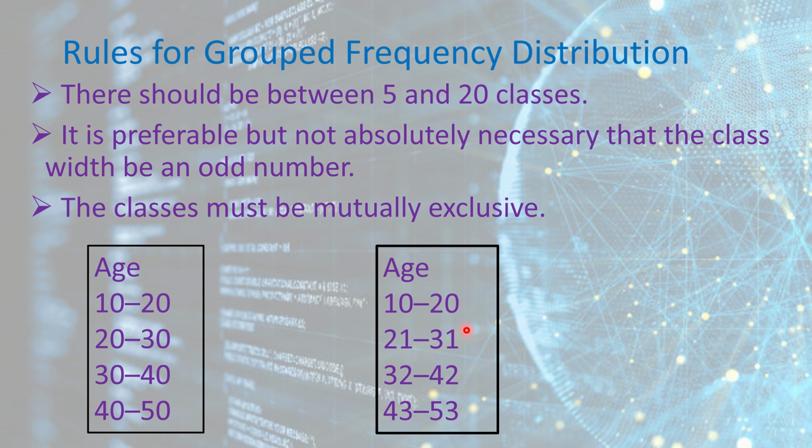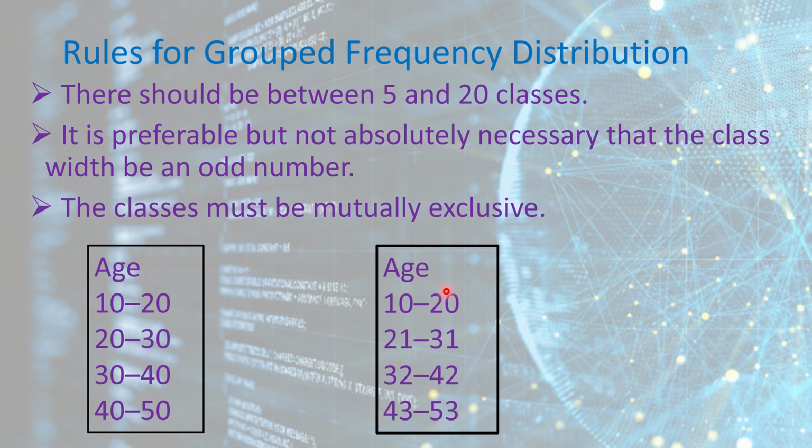Whereas in case of boundaries, if you are given class boundaries, the class width will be found as upper boundary minus lower boundary. There is no need of adding 1 to it, right? So in class limits, the class width is upper limit minus lower limit plus 1, whereas in class boundaries it will be simply upper boundary minus lower boundary.